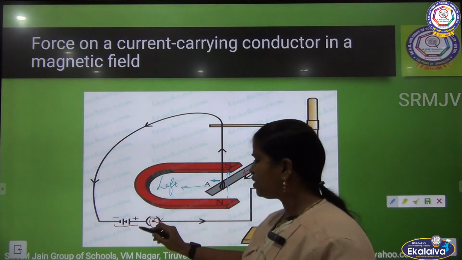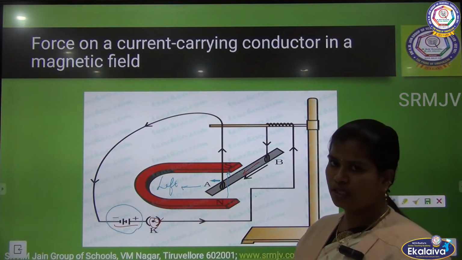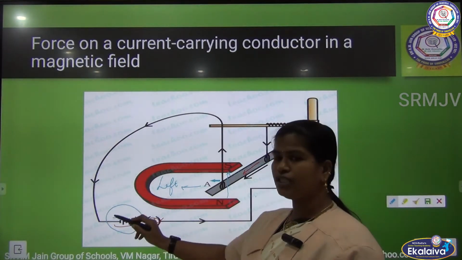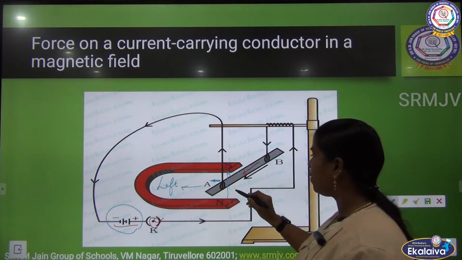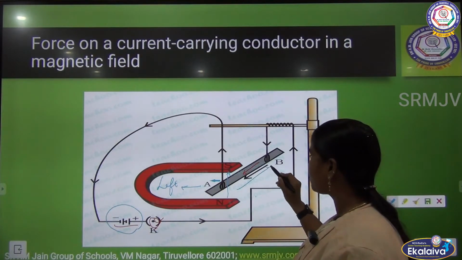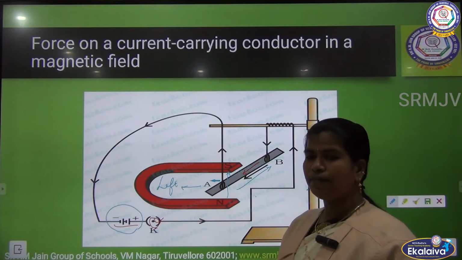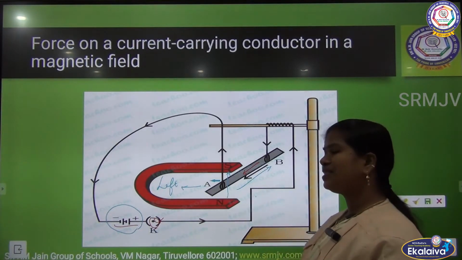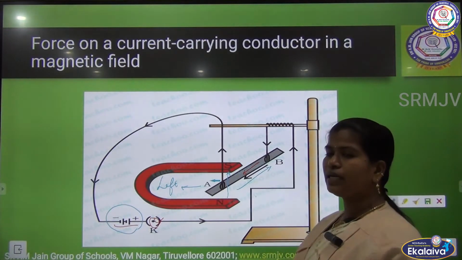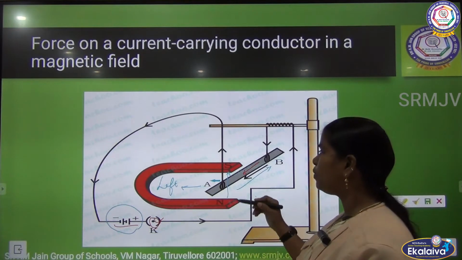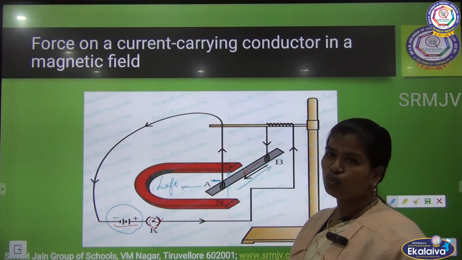Suppose I change the direction of the current by changing the terminals, then the current flows from A to B, but there is no change in the direction of the magnetic field, only in the direction of the current. If I reverse the direction of the current, the force which is exerted also gets reversed.